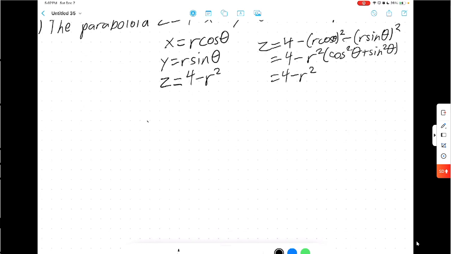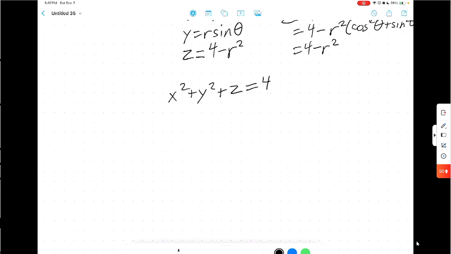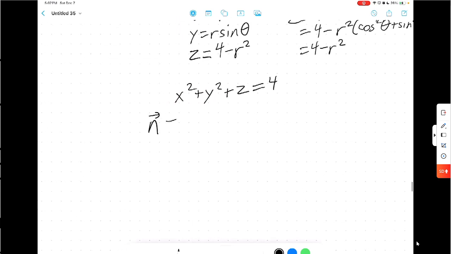And for the unit normal, we're going to put everything except for a constant to one side. Then our normal is just going to be the gradient of this function, which we'll name f of x, y, z, over its magnitude.